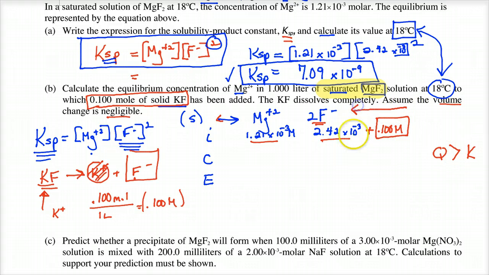We're adding too many products. This can only hold a combination of these two together that equals this Ksp. I'm adding too many products, so this is not at equilibrium anymore. I now have more products, and if it's products over reactants, I'm not at equilibrium now. My Q is larger than K. Well, to lower the Q, reactions always go toward K. So it's going to go in the reverse.